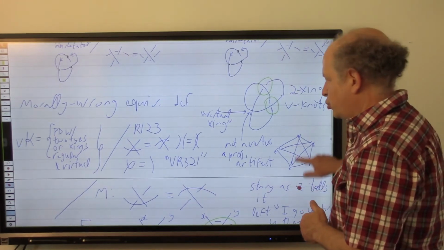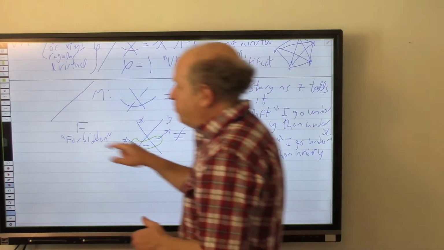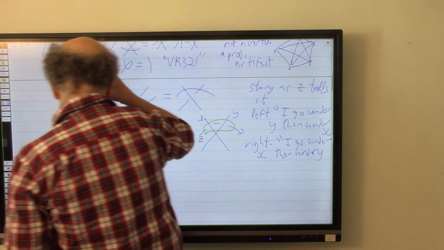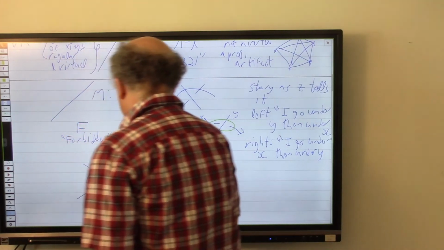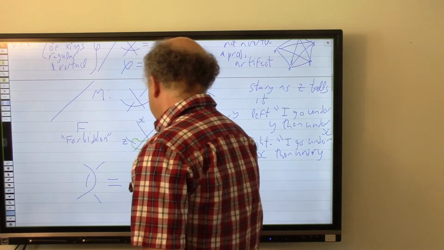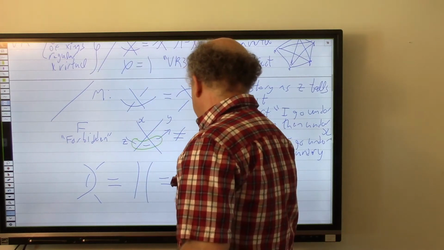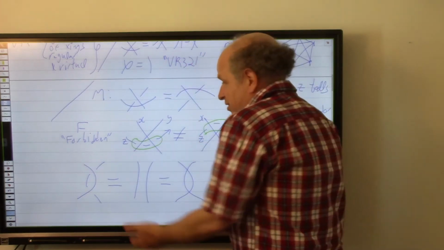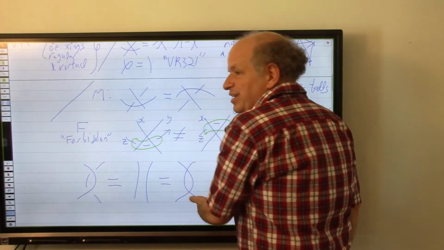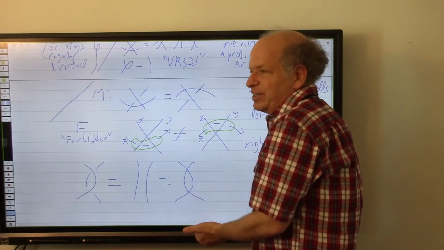I am not sure what you're saying. Perhaps you are saying that this is equal to this is equal to this. Yes. And you are right. This is equal to this, is equal to this in the world of virtual knots.